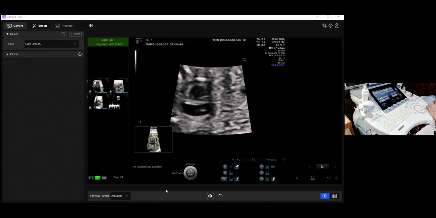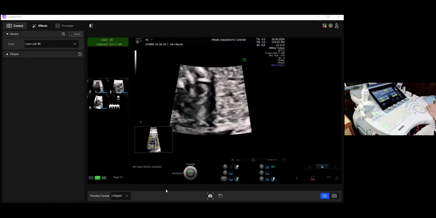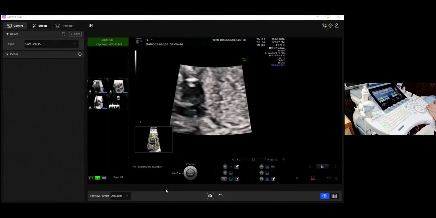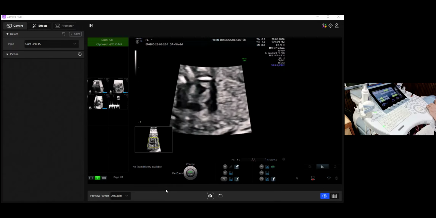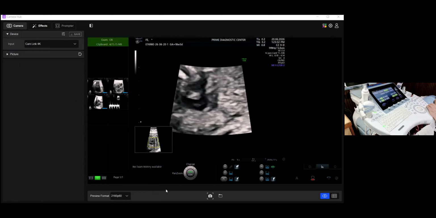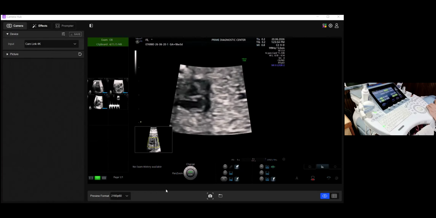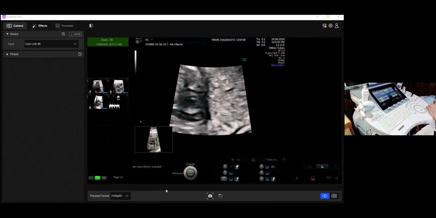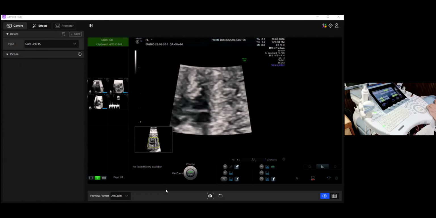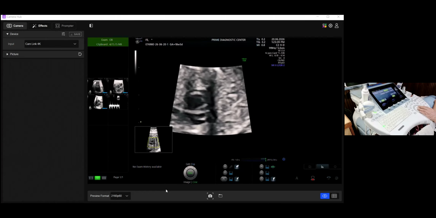I am not seeing the papillary muscles in this patient because of the acoustic window and gestation age. Then we would try another patient. And this is where you get a cross section of LV and RV. And there you see the pulmonary artery coming out of the right ventricle.